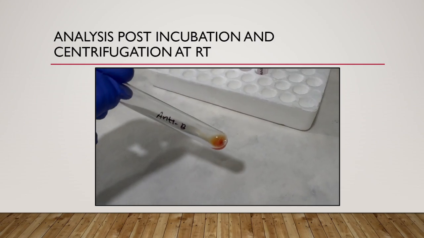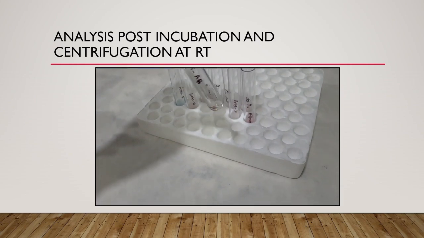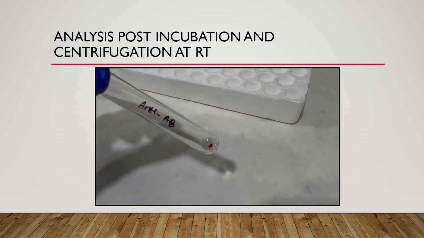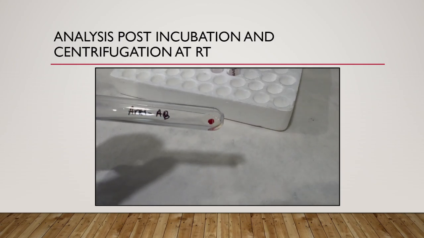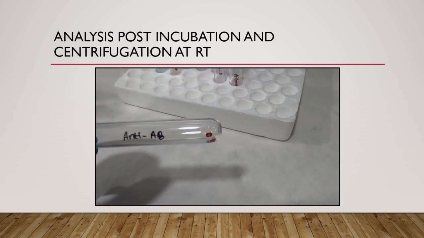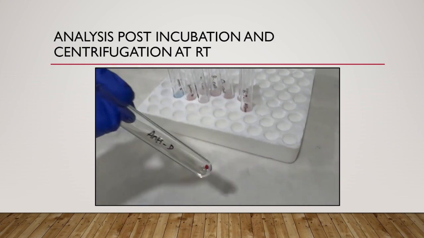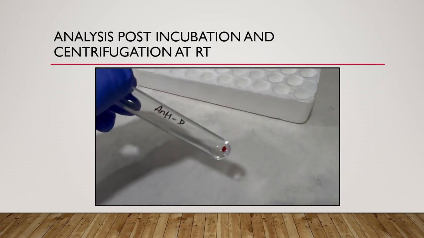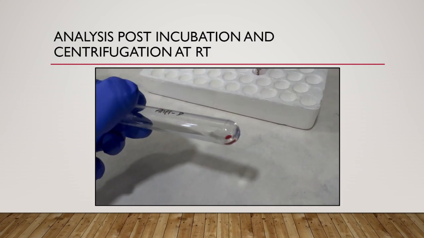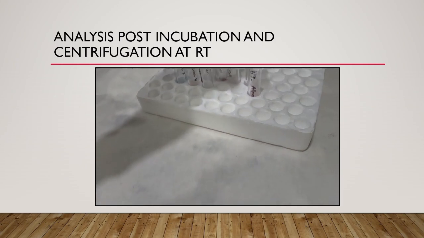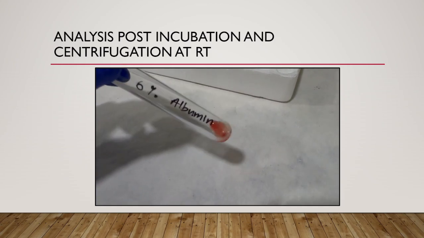In anti-AB also there is a strong 4 plus agglutination. In anti-D there is a strong 4 plus agglutination reaction. In the control tube of 6% albumin there is no reaction.